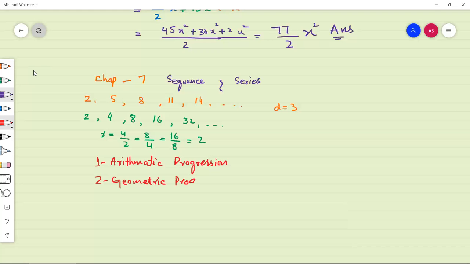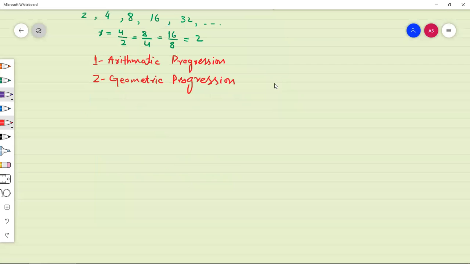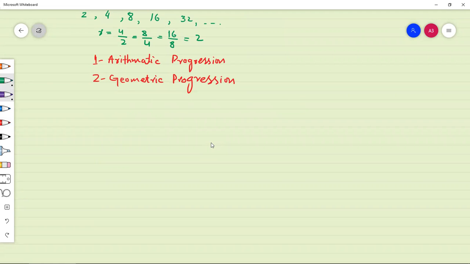Okay, the arithmetic progression and then geometric progression. What is arithmetic progression and what is geometric progression? Today we will discuss only arithmetic progression.